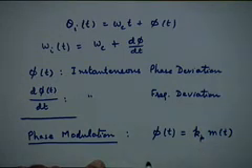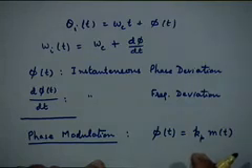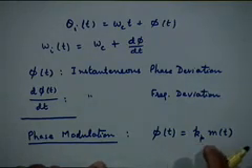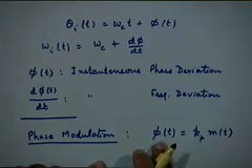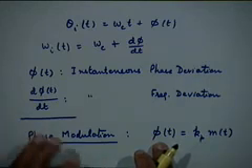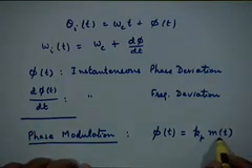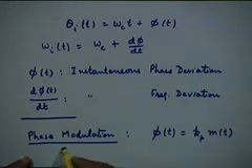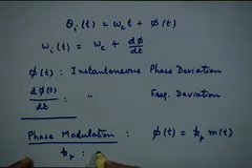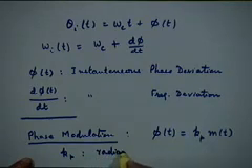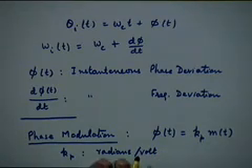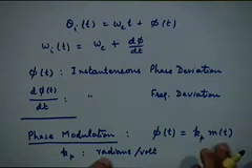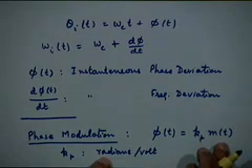The constant I am denoting by k sub p, or the phase modulation constant, or you can also call it the phase sensitivity of the modulator, right. Since phase is measured in radians, and the message will be typically in volts, the constant k sub p would have the dimensions of radians per volt, right. So basically a phase modulator would produce a phase deviation in proportion to the message signal amplitude at time t.